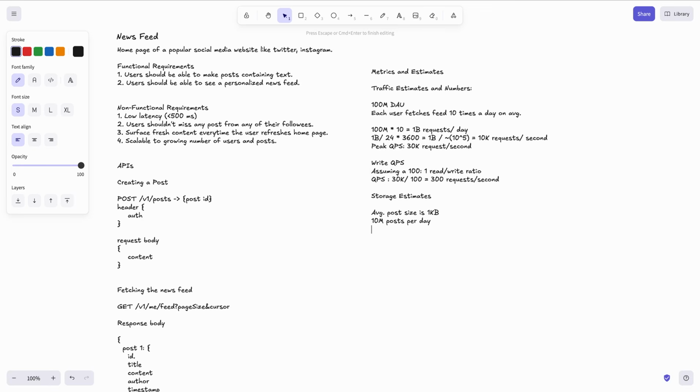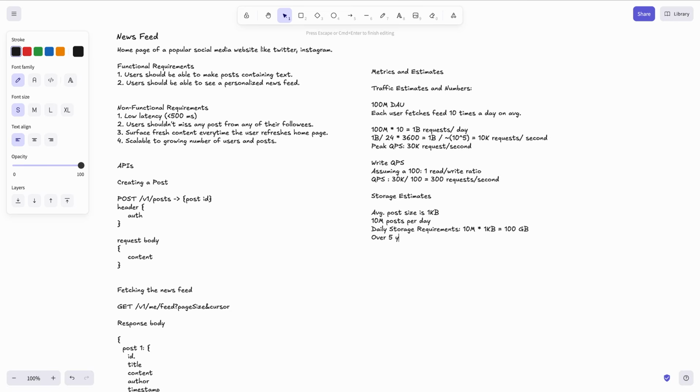So with this, our daily storage requirement would be 10 million times 1 KB, which is around 10 GB per day.